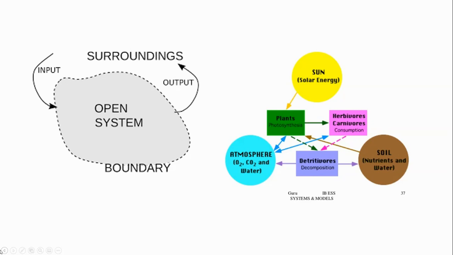Here are some examples of what diagrams of a system might look like. The one on the left is pretty simple. This shows an open system, and the dotted line shows that. You've got inputs and outputs. They're not explaining what they are, but that would be a really simple model. On the right is a model of an ecosystem, where the boxes show storage of energy or matter, like plants storing energy or matter.